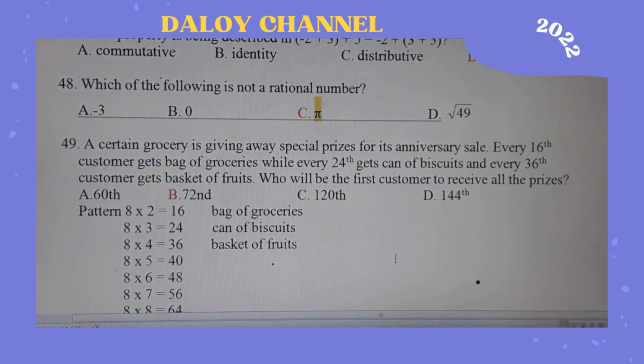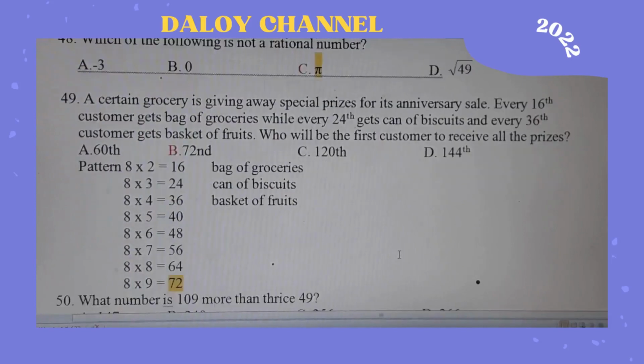Every 16th customer gets a bag of groceries, while every 24th gets a can of biscuits, and every 36th customer gets a basket of fruits. Who will be the first customer to receive all the prizes?